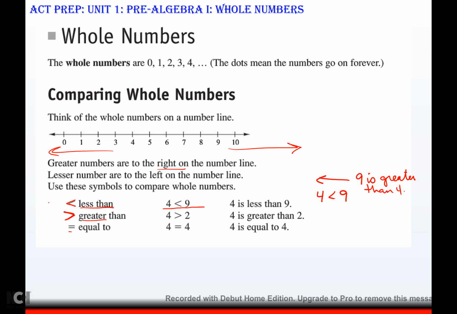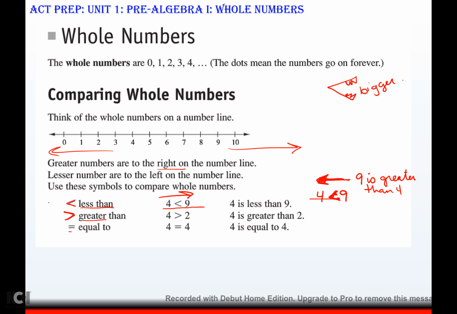Now normally you do read left to right, but keep in mind you can read it right to left, backwards. The thing of it is, whichever way you read, the inequality symbol is like an alligator. This is always wanting to eat the bigger number.